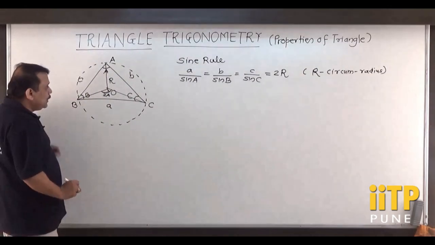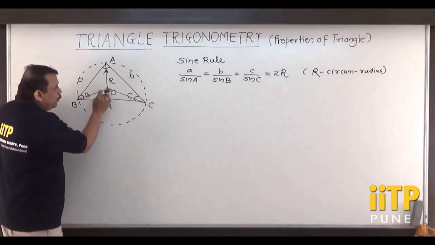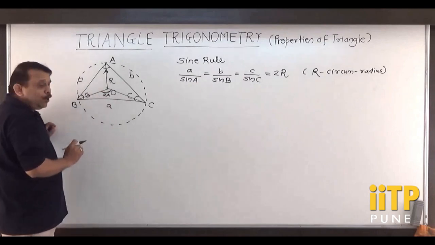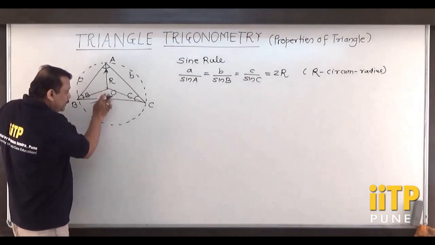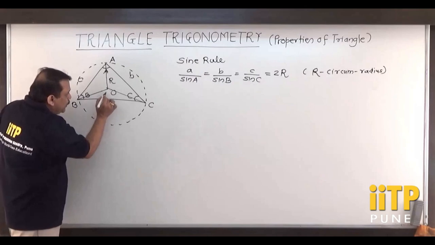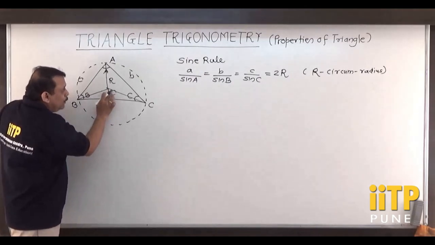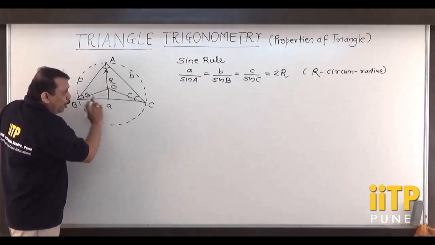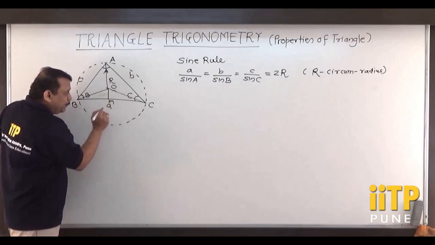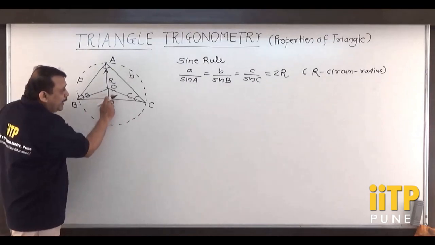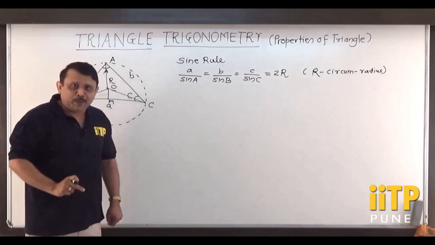Now let us drop the perpendicular from the center of the circle on the chord. So this angle is twice A. Let me drop the perpendicular from this point O on the side BC at say M. Then these two triangles are clearly congruent.